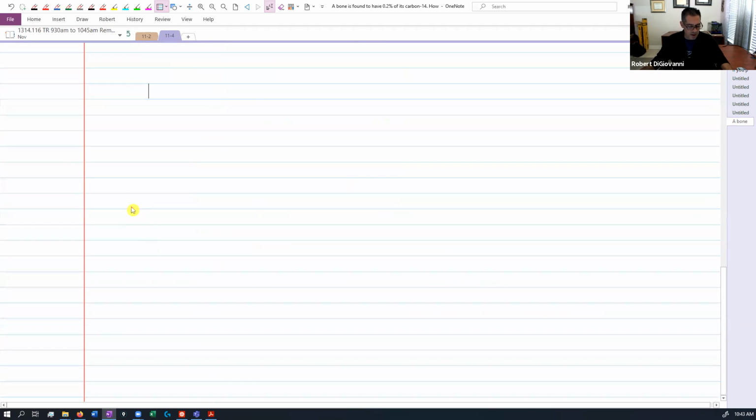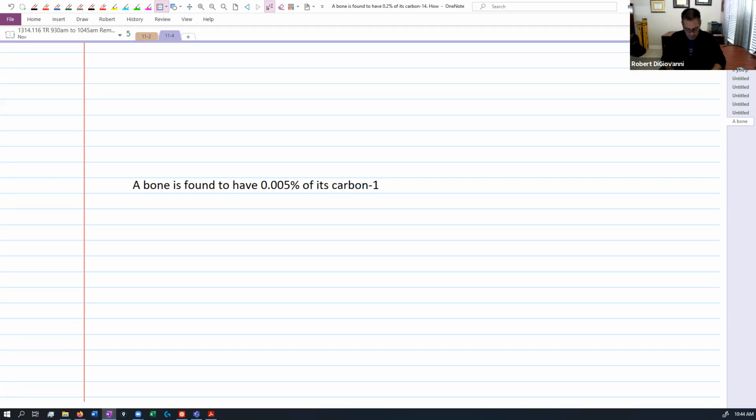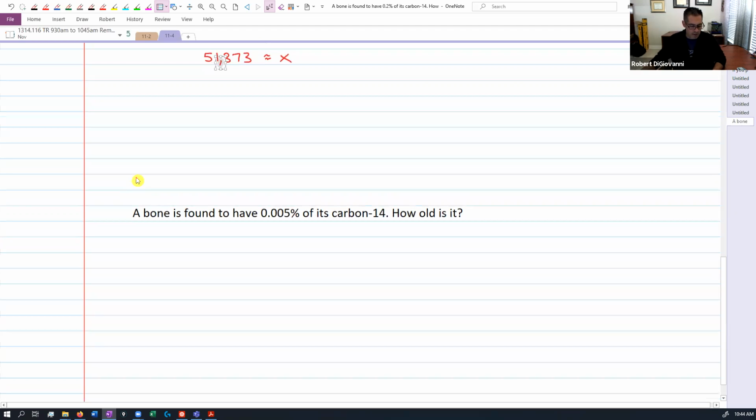A bone is found to have, let's go with a very small number, 0.005% of its carbon-14. How old is it? Okay, and now let's let that be question number 1.